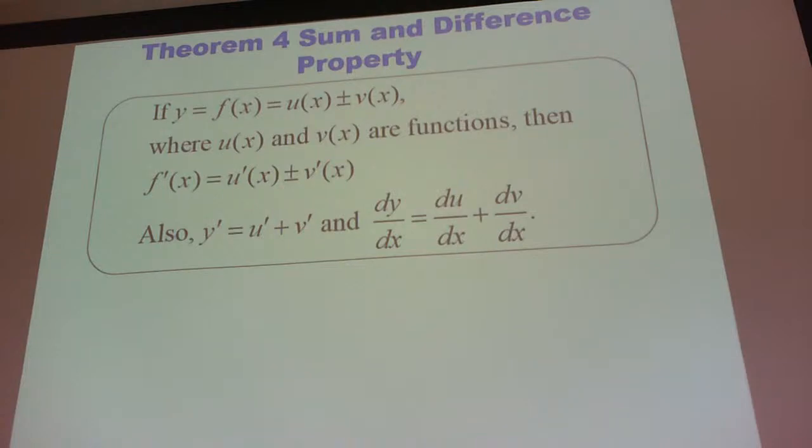And if I have things that are being added or subtracted, you just take the derivative of each one. So on your paper now, take the derivative of 3x to the 3rd plus 11x squared. So bottom line, I have 2 things that are being added, you simply take the derivative of each one.